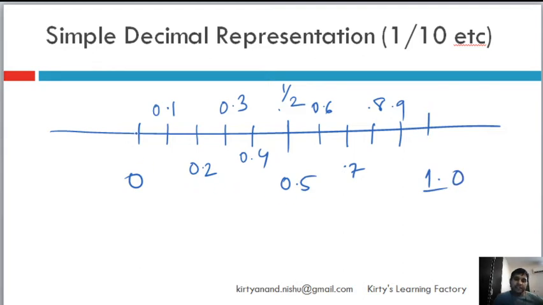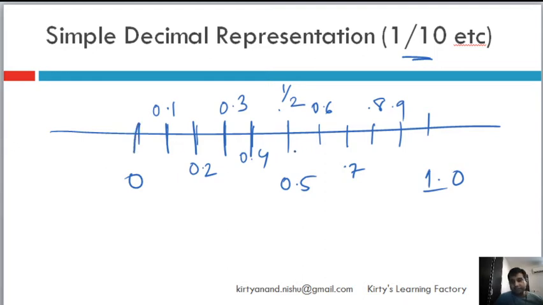So basically we have divided it into 10 equal parts, each being 1/10. This is 1 by 10, this is 2 by 10, this is 3 by 10, this is 4 by 10. So a decimal is a representation in which we show numbers as 1/10 parts between any two whole numbers.